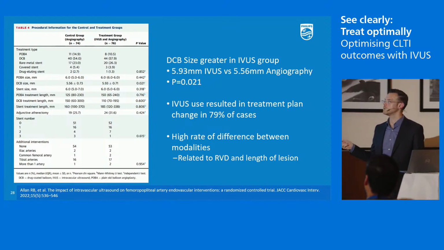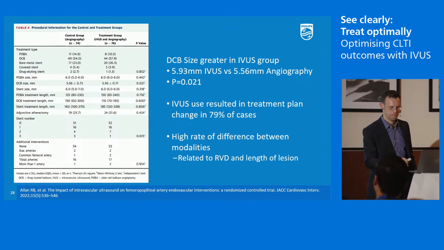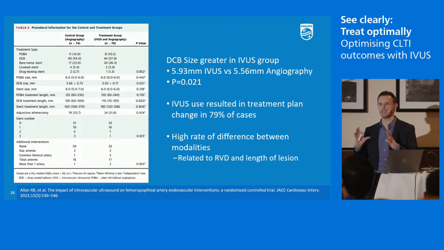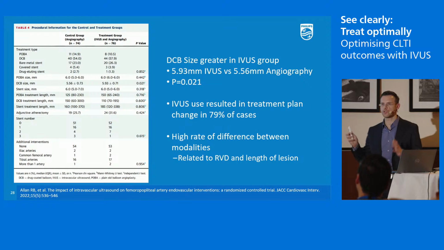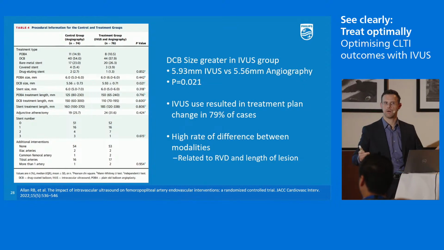It changed your decision making in the overwhelming majority of cases. The particular disagreements between the two modalities were in terms of the RVD and the length of the lesion. These are two things that we've established, and hopefully I've convinced you, are essential to the successful outcome.